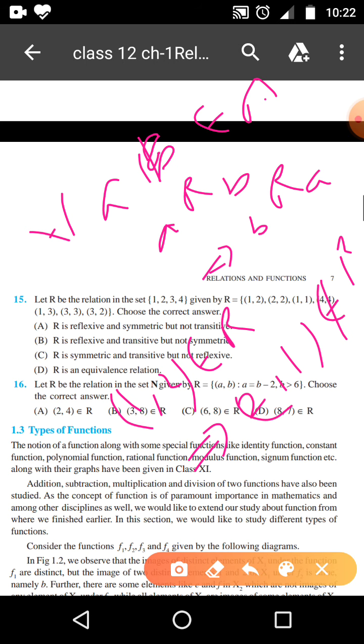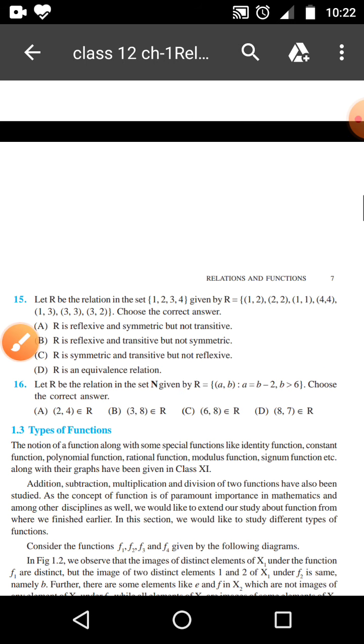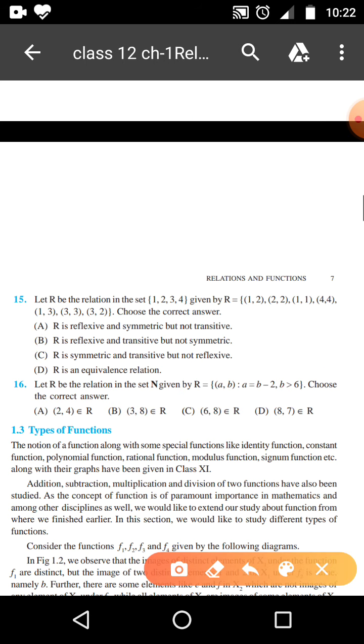But for transitivity, for each element 1, 2, 3, 4, you just check: if (1,2) belongs to R and (2,2) belongs to R, then again (1,2) belongs to R. (2,2) belongs to R, (2,3) belongs to R is not there.